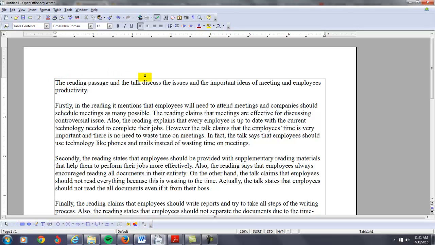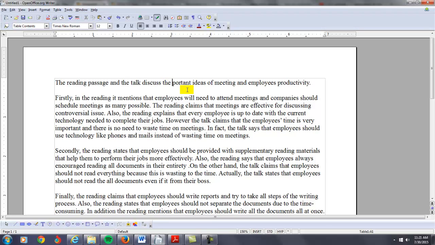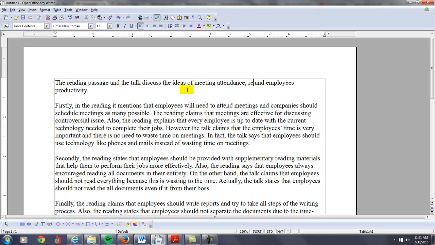The reading passage in the talk discuss issues and important ideas. Ideas and issues have the same meaning, so that's wordy. So the reading passage in the talk discuss the ideas of meeting attendance, required reading materials, and employees' productivity.